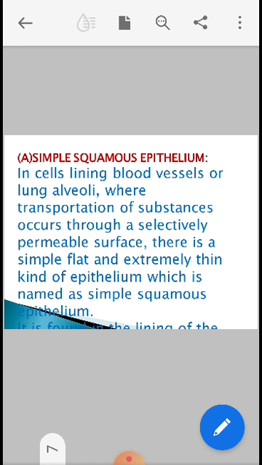So what is its function? It is a permeable layer that separates the different cells. Now you can see from the figure that it is flat and square-like in shape. So this type of layer is found in the skin.